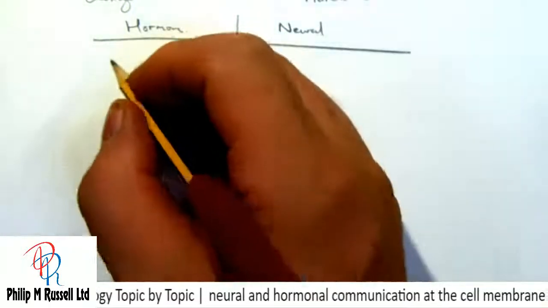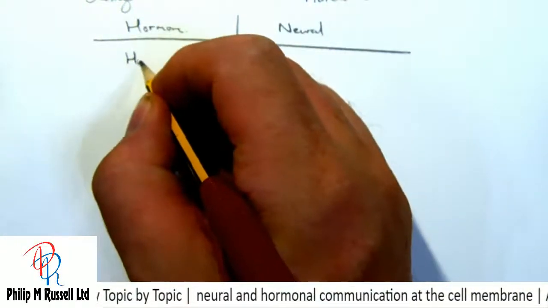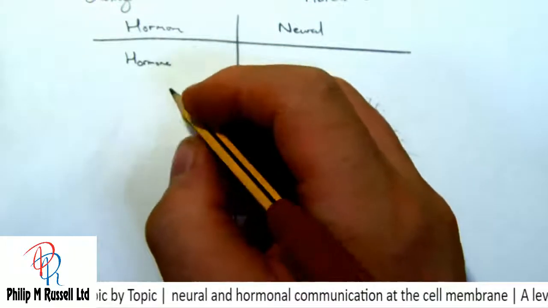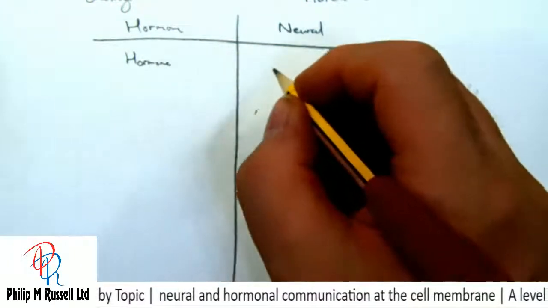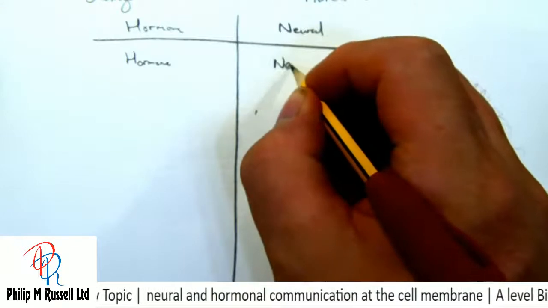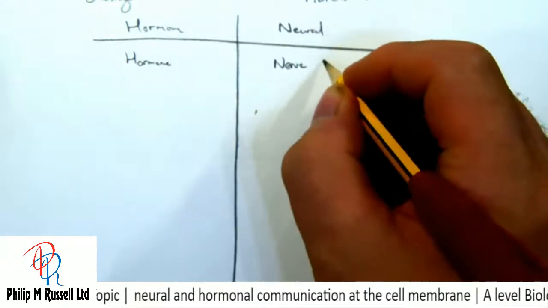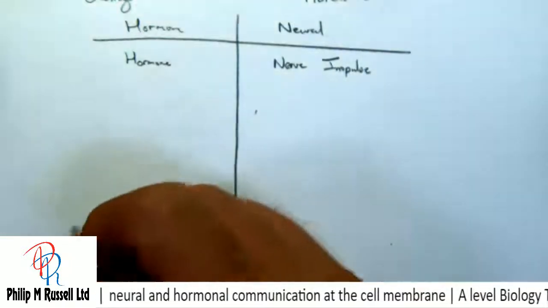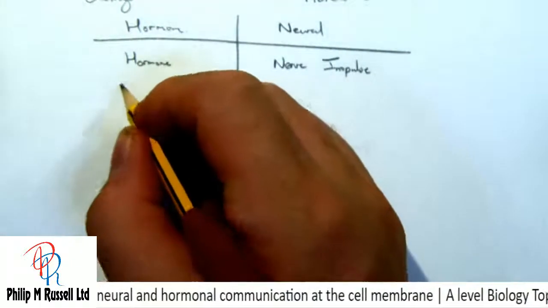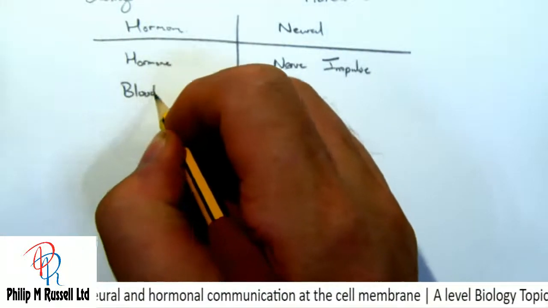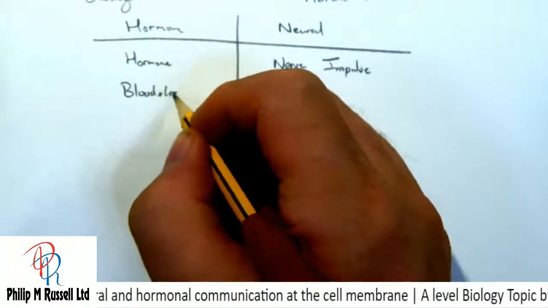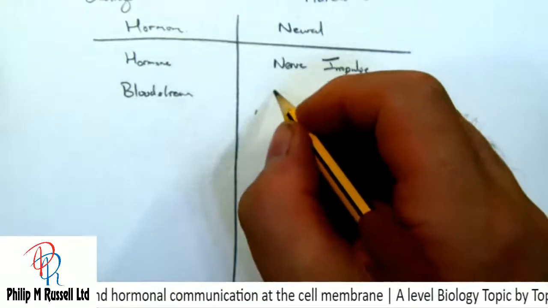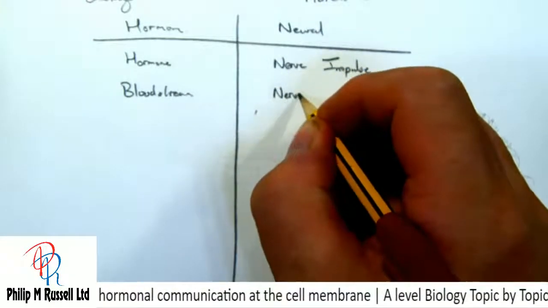So communication here is via obviously a hormone, a chemical messenger, whereas this one is going to be by an electrical or nerve impulse. This is going to be sent round by the bloodstream, and this one is delivered direct by the actual nerve.